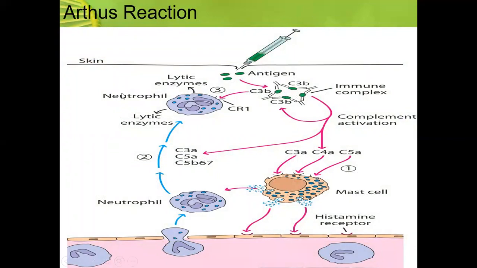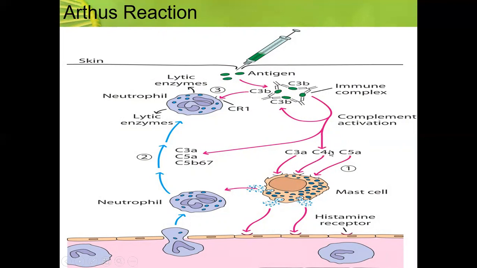So this is the example for type 3 hypersensitivity reaction, that is Arthus reaction. So here, when the antigen enters into the host cell, it stimulates the complements. It then forms antigen antibody complex, that is, immune complex has been formed. This immune complex formation will activate the complements, that is C3a, C4a, and C5a.